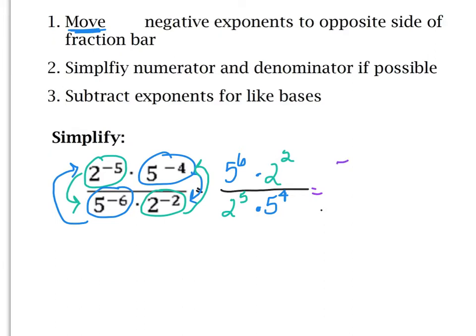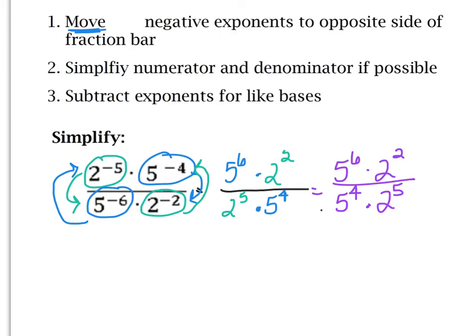So what I mean is if I leave 5 to the 6th times 2 to the 2nd, I can rearrange the denominator because multiplication is flipped both ways. 2 times 5 is the same thing as 5 times 2. So I could rearrange it so that it looks like this, so that my like terms are directly right underneath each other.